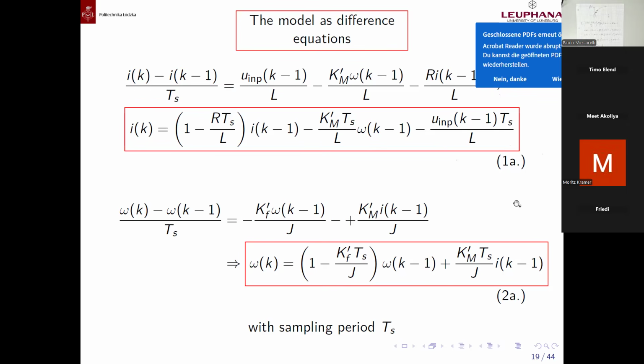Please pay attention. Here is the model. We are speaking about the level of the model. But of course, the model must reflect the real system. But if TS is very small, we can see that the dynamics does not reflect the real system, because the current changes over time.